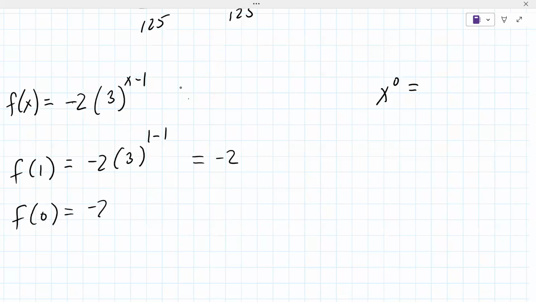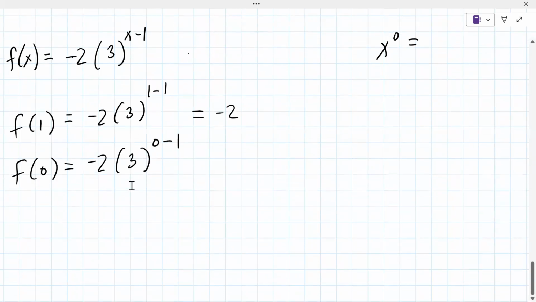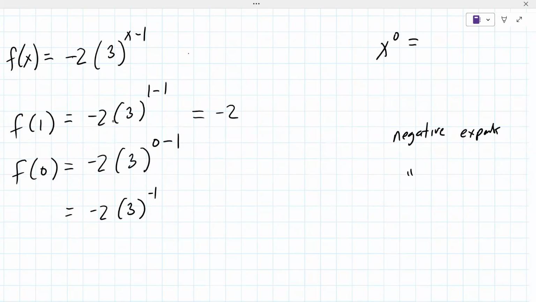f of 0. So this is -2 times 3 to the 0 minus 1 power. Just putting 0 in for x. This one's a bit more involved. It becomes -2 times 3 to the -1 power. So the negative exponents, this is the thing to remember here. It causes a reciprocal, a flip.